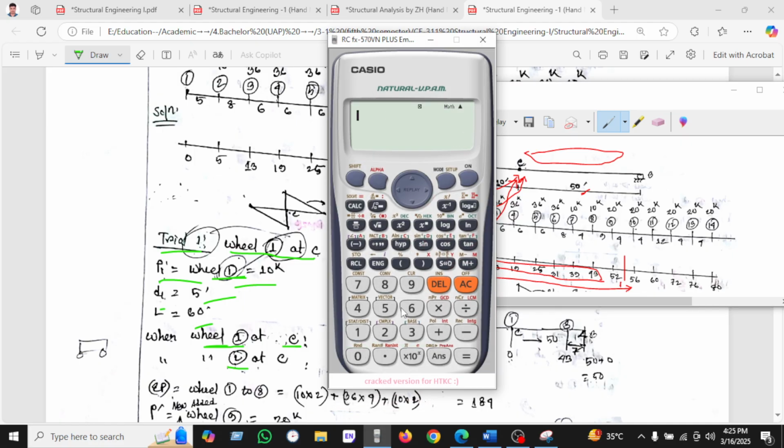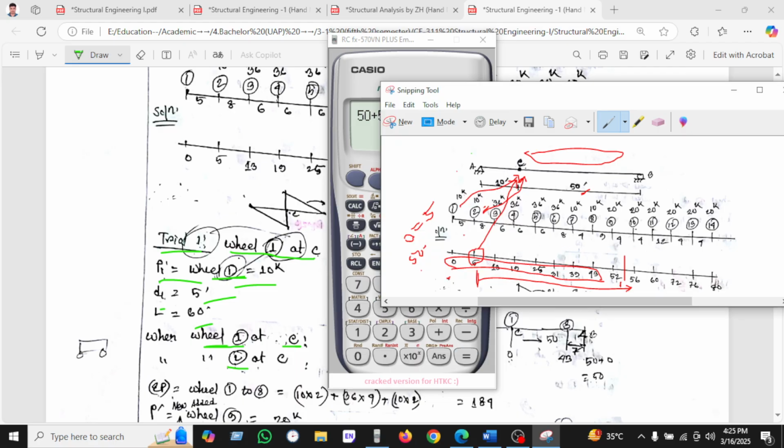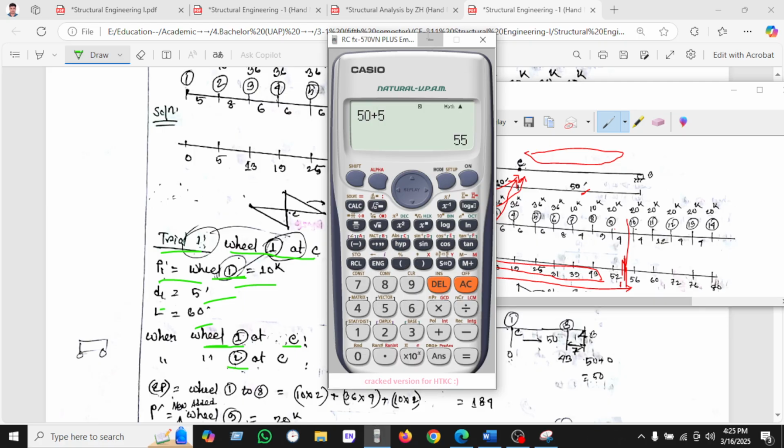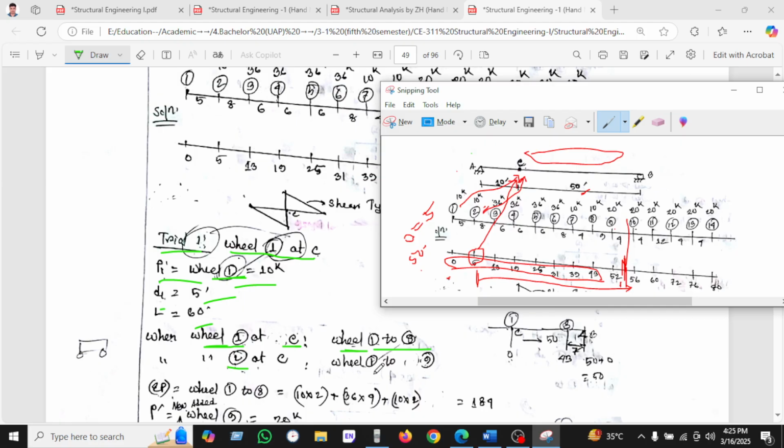So 50 plus 5 equal to 55. So if 0 equal to 5, then 50 equal to 55, then we can go to the 55. So not 56, so we can take the other wheel, which is 9. That's why we have taken wheel 9, wheel 1 to 9.